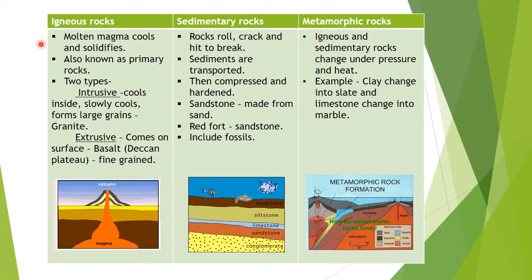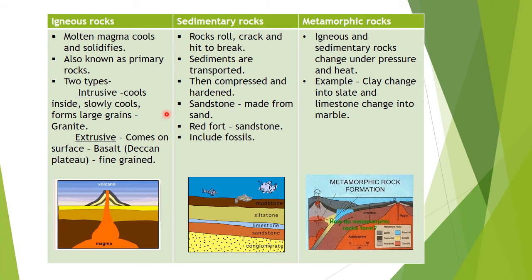That is called igneous rock. It's also known as primary rock. These are of two types. Intrusive, that cools inside, slowly cools, forms large grains, and the example is granite. And then extrusive, comes on the surface. The example is basalt. Deccan Plateau is the most important example of extrusive igneous rock. This is classified into fine grained.